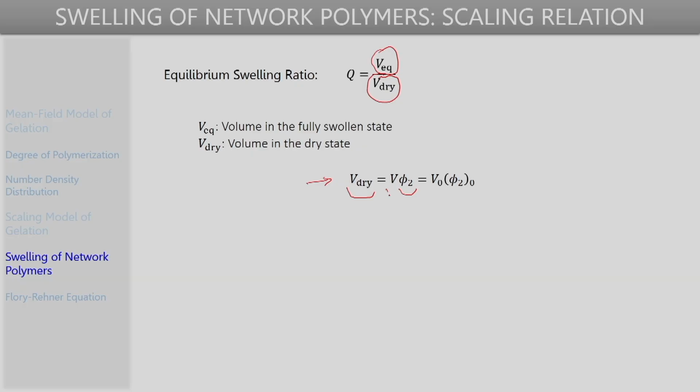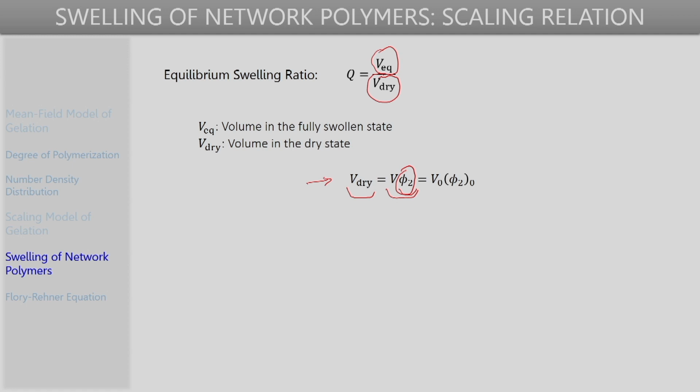Even then the dry volume can be written to be equal to the volume of this partially swollen network polymer sample, multiplied by the volume fraction of the network polymer in the sample. And this can be done because swelling is taking place only because of the extra volume of the solvent that is coming in, the volume of the polymer itself is not changing.